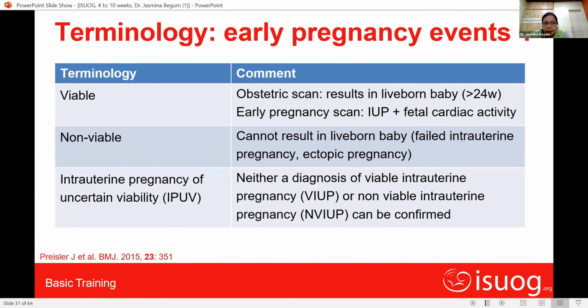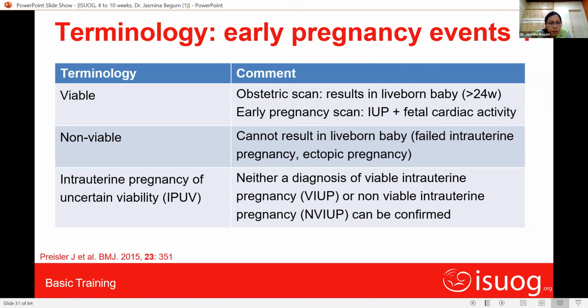As I mentioned, there are certain terminologies that we all have to speak in the same language, so it will be easy for everyone to understand what we are speaking. Viable pregnancy: when the cardiac activity is present, the pregnancy is said to be viable. When you are not getting cardiac activity, then it is a non-viable pregnancy. It can be a failed intrauterine pregnancy, an ectopic pregnancy, or a molar pregnancy.